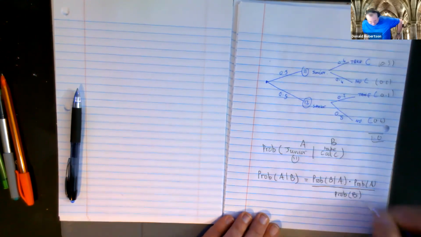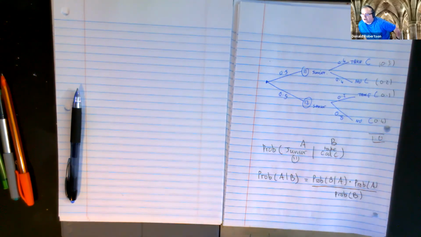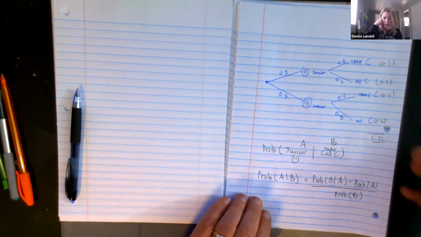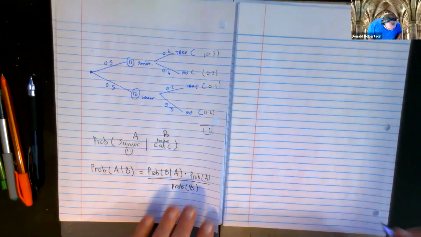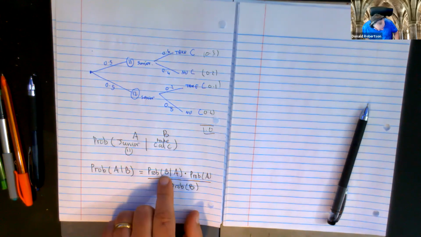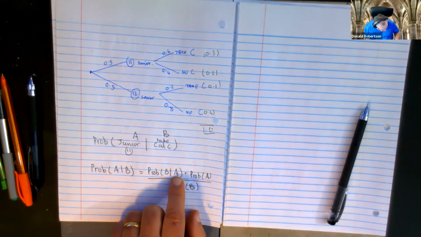Have you seen that formula that looks like that? It's called Bayes' theorem. I saw that in another video you made for a different problem. Okay, so I'm going to use that, guys. So let's find out what each of the pieces come up to be. So what's the probability that you take calculus given you were a junior?